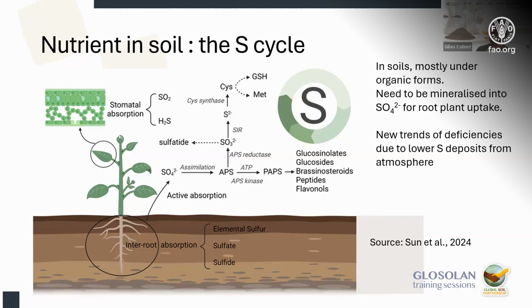But now, as there is lower sulfur deposit from the atmosphere, because there were a lot of regulations that limit the emission of sulfur to the atmosphere from industrial activities, lower quantities of sulfur deposit on the soils, and now you begin to see some kind of deficiencies in some soils for sensitive crops, and there are now companies that sell gypsum products or other sulfur products to increase the sulfur in the soil.